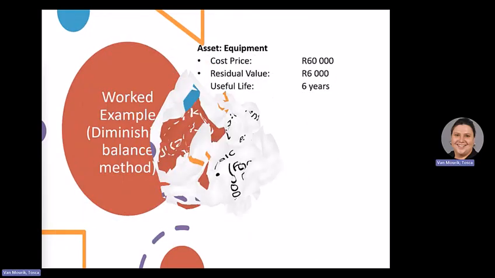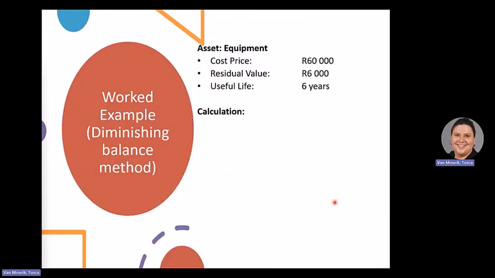Let's look at how it will change when we are using the diminishing balance method. The figures are exactly the same. If we have purchased it on the first day of my financial year, for year 1, what will be my depreciation? My depreciation will be my cost price less my residual value divided by 6. So that is the 9,000.